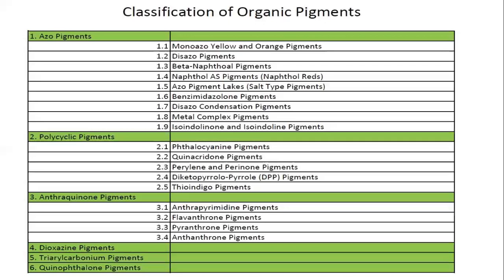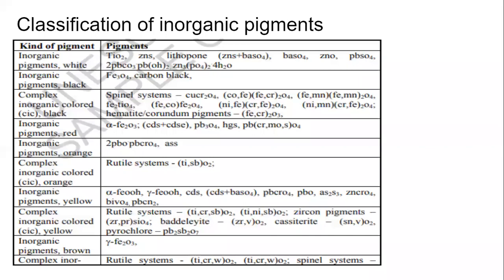Next, this is the classification of inorganic pigments. As you can see, there are inorganic pigments and also complex inorganic colors.